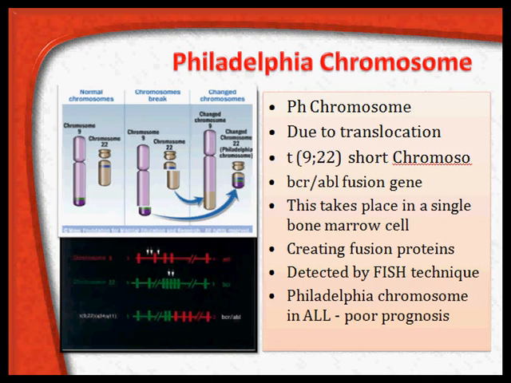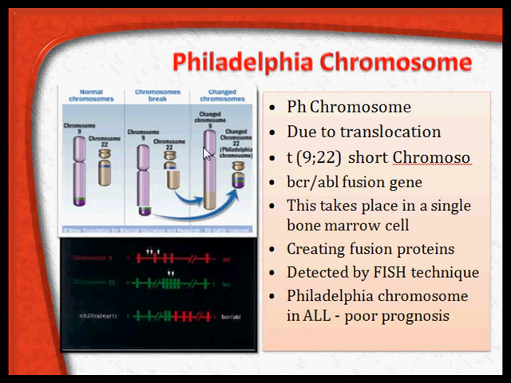You can diagrammatically see here the normal chromosomes. These are the normal chromosomes, the 9th chromosome and the 22nd chromosome. So the 9th chromosome is truncated here and a small bit of this is taken, and the 22nd chromosome is cut off here, and that small bit of the 22nd chromosome is left out, and these two small bits join to form what is called the abnormal Philadelphia chromosome.